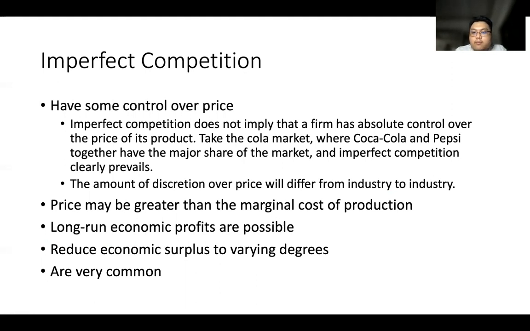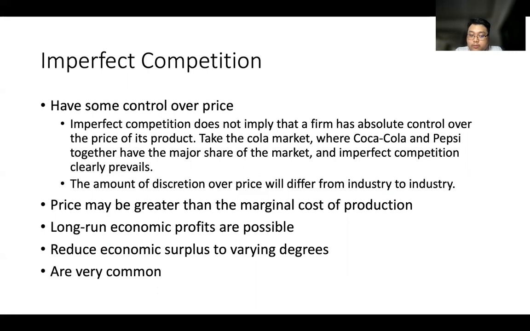So of course, remember P equals MR equals MC. That's the profit maximizing condition in the perfect competition environment. But here, price may be greater than marginal cost, and we'll know why. So long run economic profits are possible, as opposed to the zero economic profit in the long run market equilibrium, right?